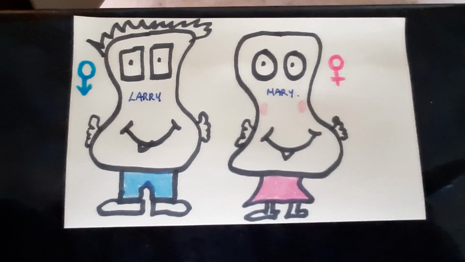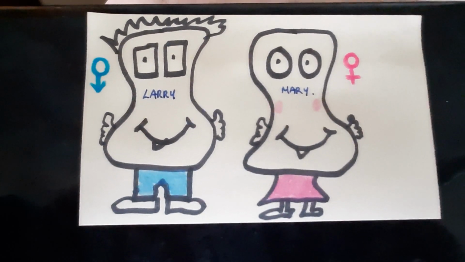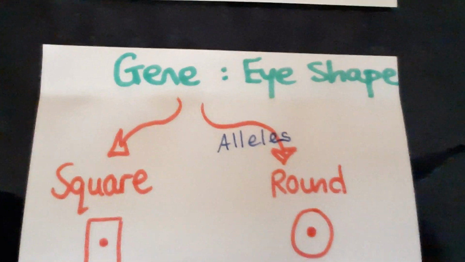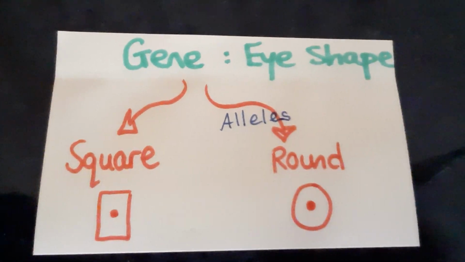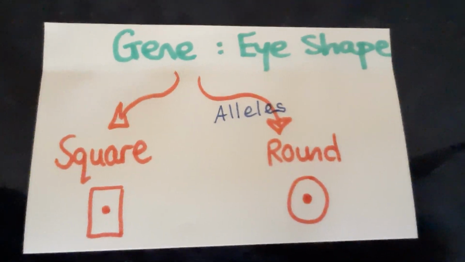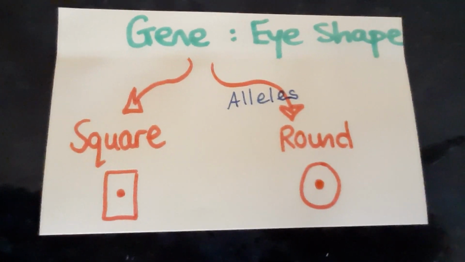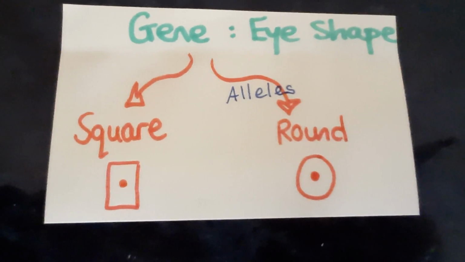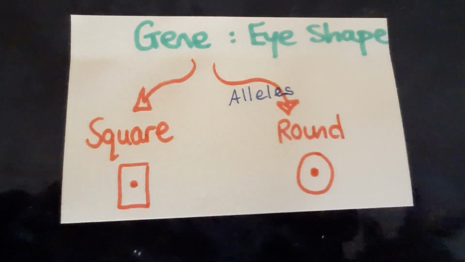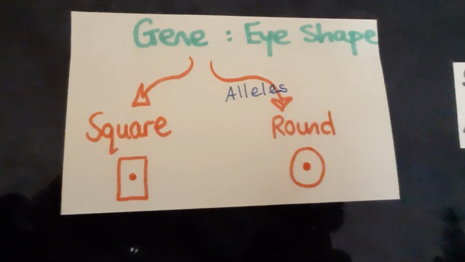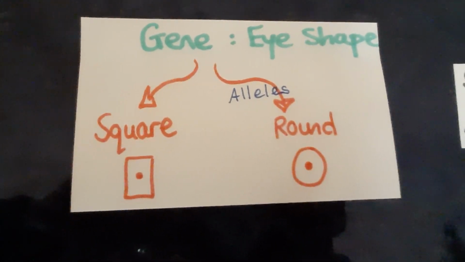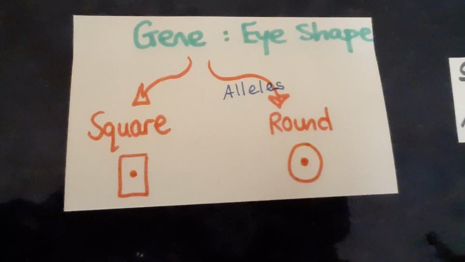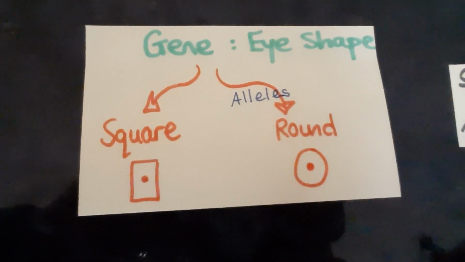Okay, so once again, we're back to Larry and Mary, our two little monsters, and we were talking about their gene being the eye shape, and whether they had square or round alleles inside their cells, going to dictate what they were going to have. For our example today, square is going to be dominant to round.